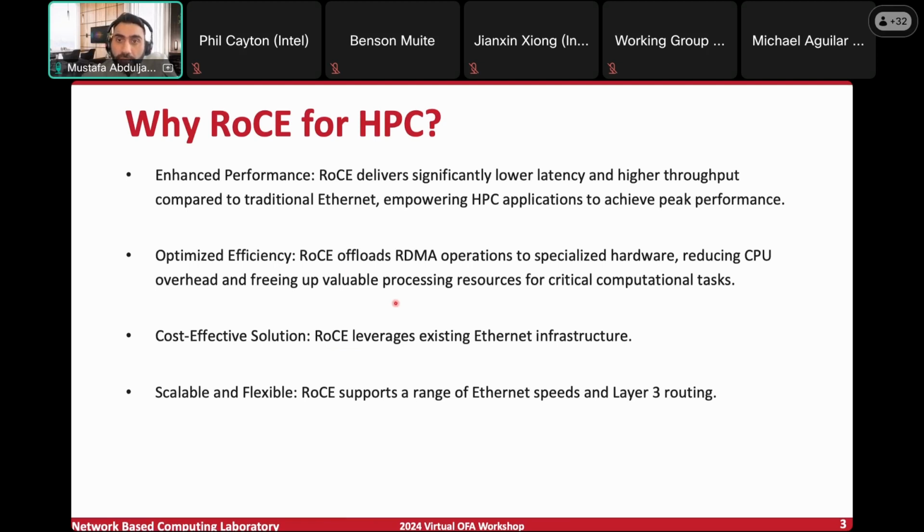And as is the case for RDMA-enabled adapters, the RDMA operation is offloaded to the NIC, and that enables effective hardware-level overlap of communication and computation that happens in the foreground process on the CPU side. And of course, it provides scalability and flexibility, covering a wide range of Ethernet speeds and layer 3 routing.